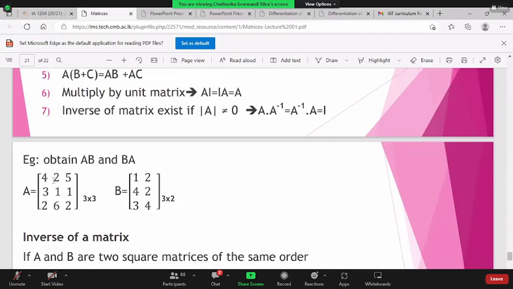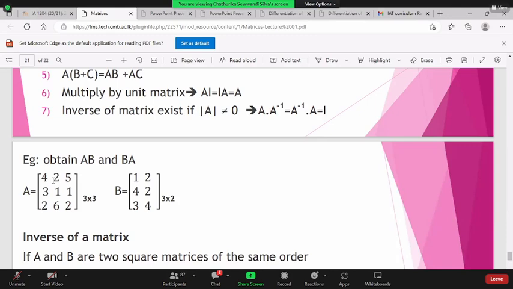So can you please tell me, since you have done matrix multiplication, what is the answer of AB? How to calculate AB? A multiplied by B. So first thing, can we do the multiplication between A and B?